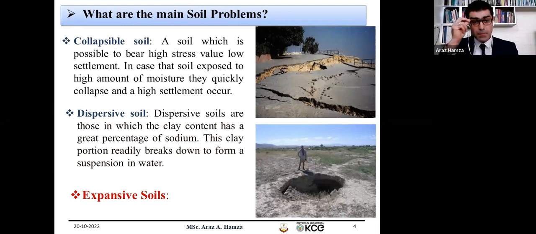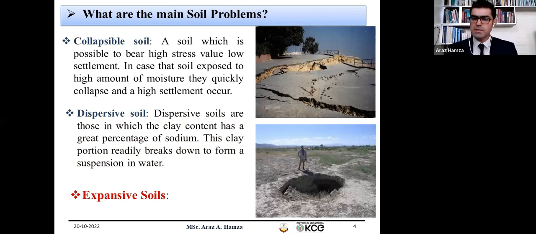purpose. Well, if you look at the main problems of soil regarding construction, there are many different types of problems, but there are some powerful ones: collapsible soil, dispersive soil, and expansive soil.